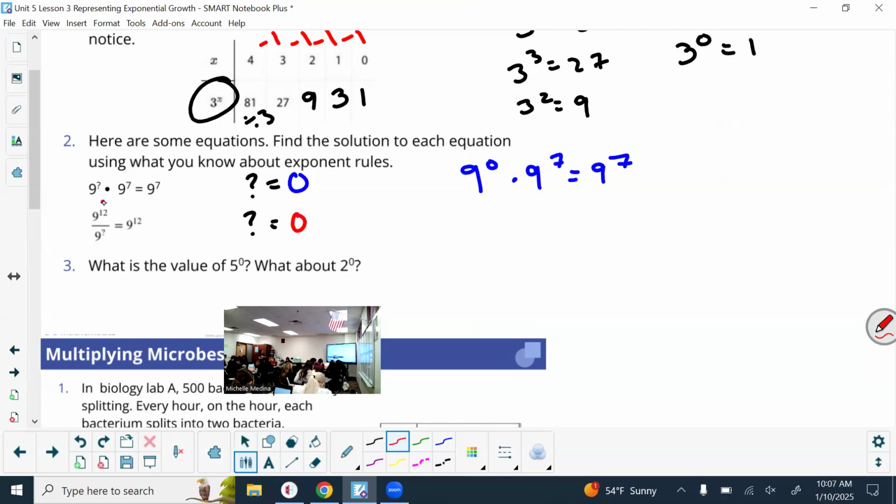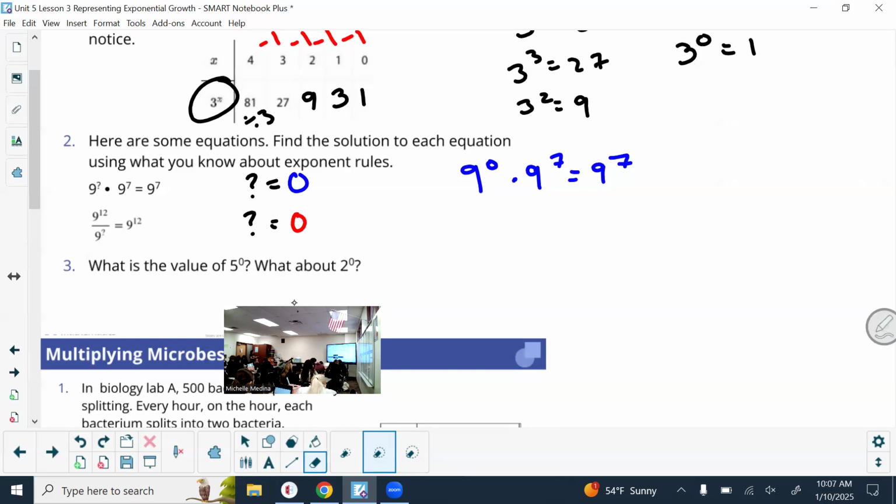Because the bases are being divided, so you would use the quotient rule. You're basically asking yourself, 12 minus what gives me 12? And you say 12 minus 0 gives me 12. You can check that in the calculator too. But questions on that?